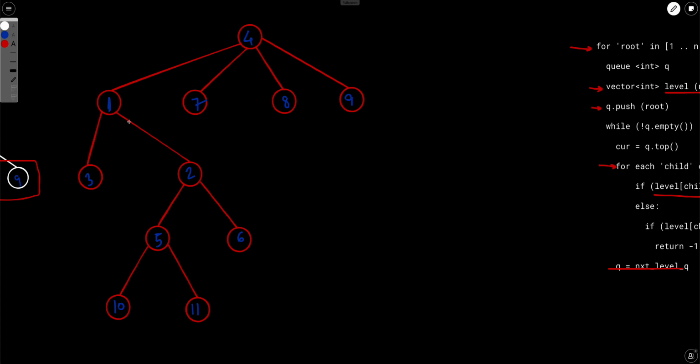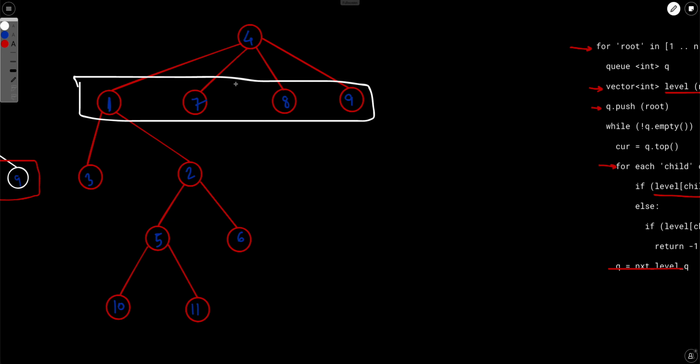Let's say you are currently at this level, visiting the node 1, and there is an edge like this as well, like there is an edge from 2 to 7 as well. Now you are traversing all the children of 1, right?